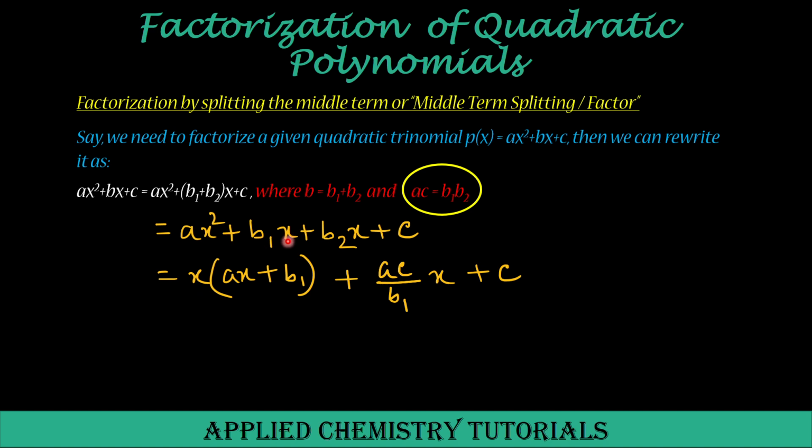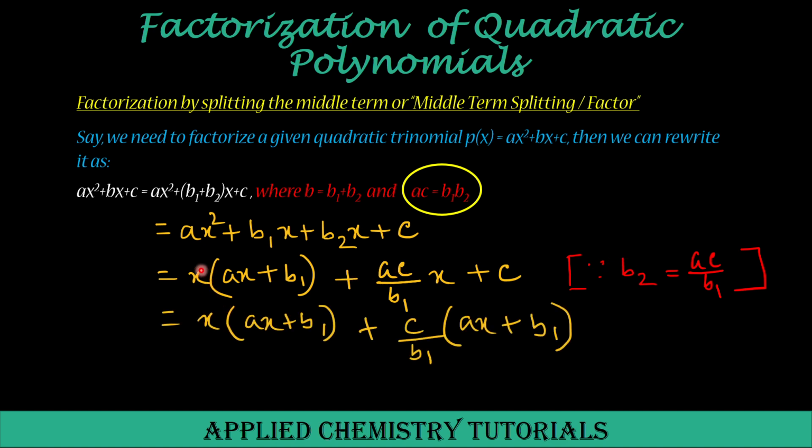a common factor x out of the first two terms, so we have x multiplied by (ax plus b1). b2x can be rewritten as ac over b1 multiplied by x, because b2 equals ac over b1, which we can see from the criterion itself, that ac equals b1 b2.